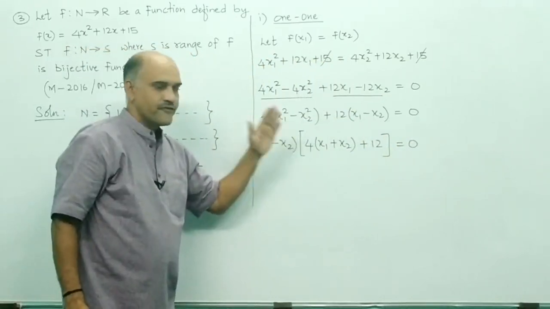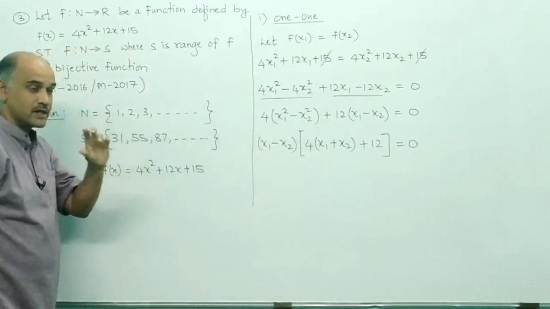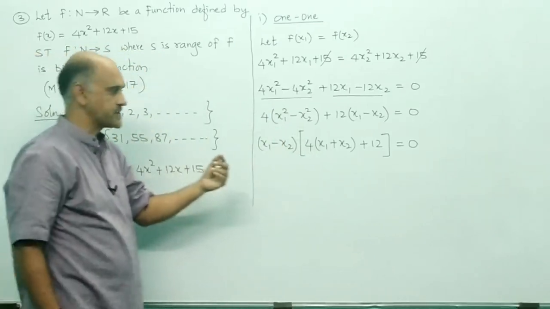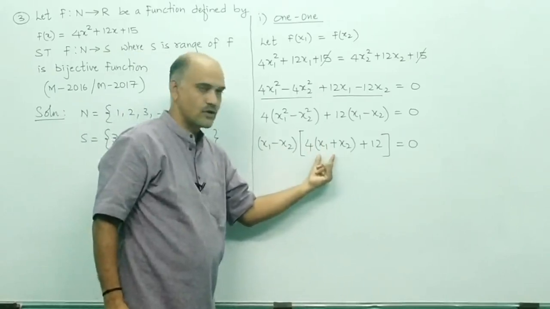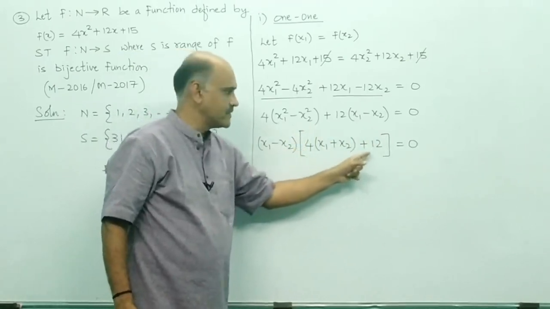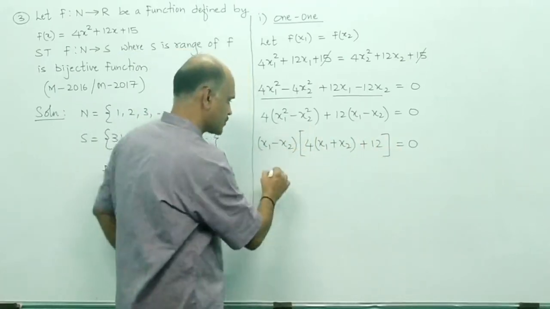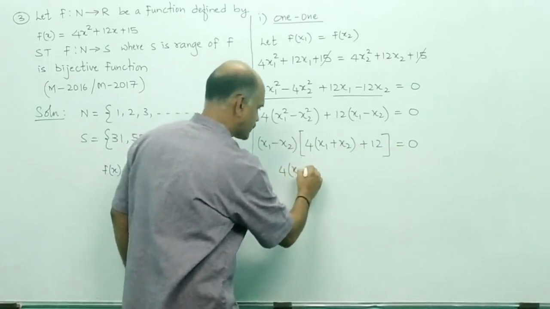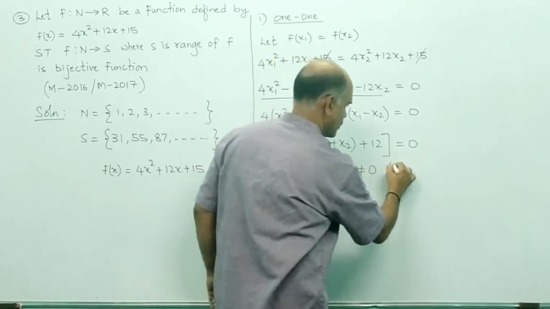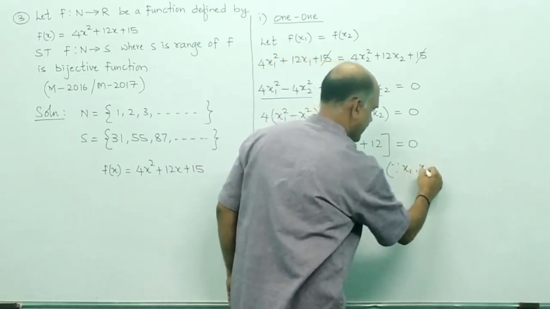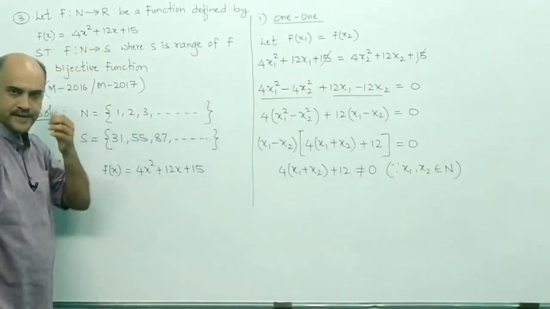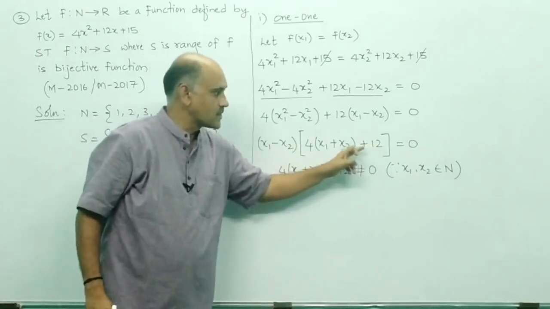Now here again if you observe, students, our terms x1 and x2 belong to natural numbers, which means all terms are positive. x1 and x2 belong to natural numbers means positive. So this square bracket will never be equal to 0. Therefore 4 into x1 plus x2 plus 12 is not equal to 0 because x1, x2 belong to N. x1 and x2 are natural numbers, so this bracket will not be equal to 0.